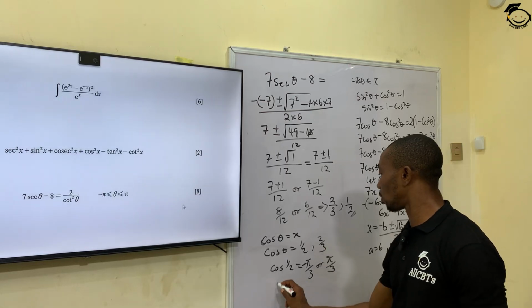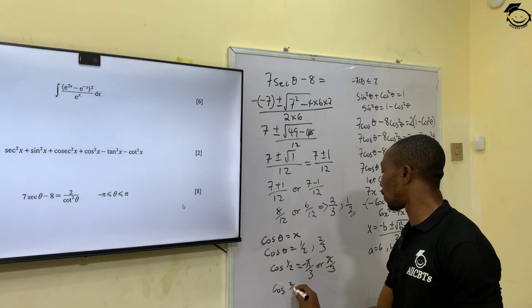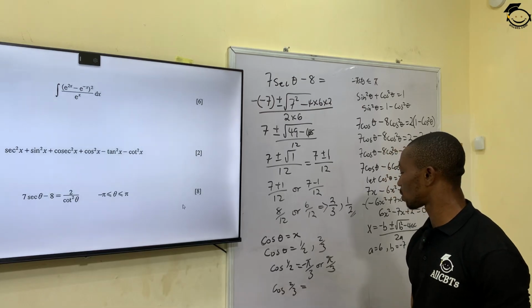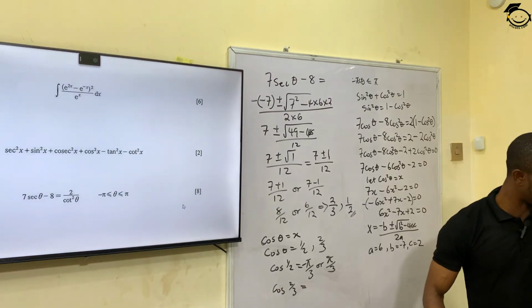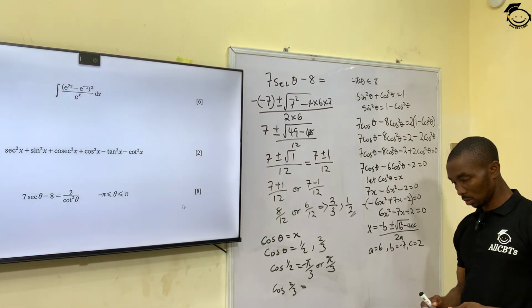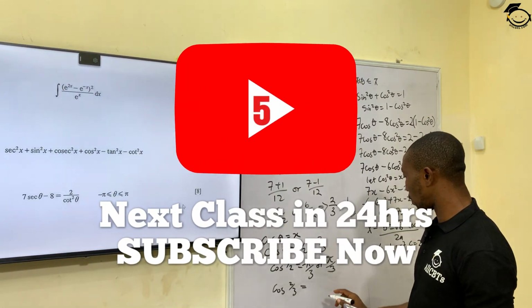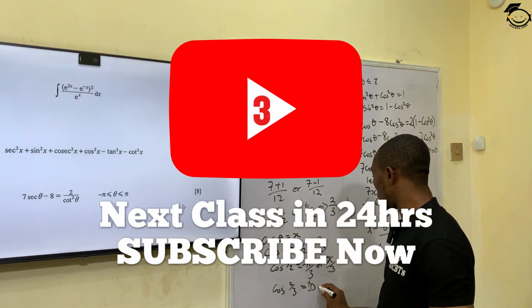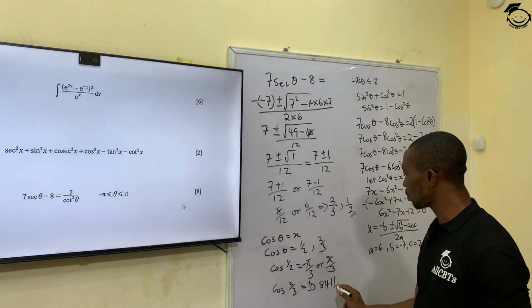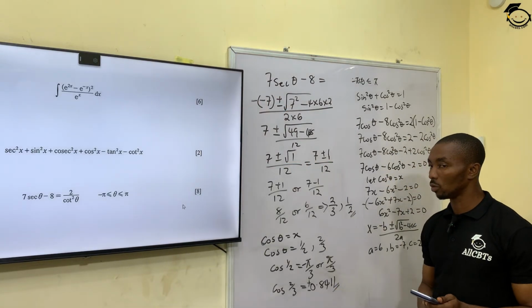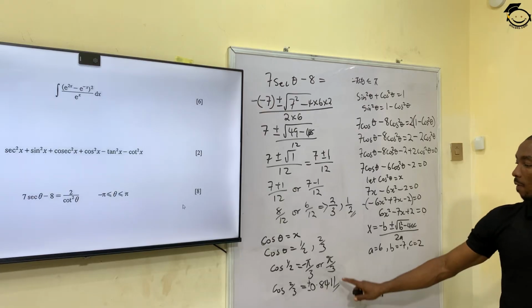While for this other one, cos theta equals 2 over 3 in radians will give us 0 plus or minus 0.8411. So this would be the value of our theta.